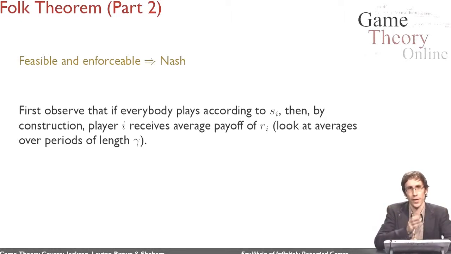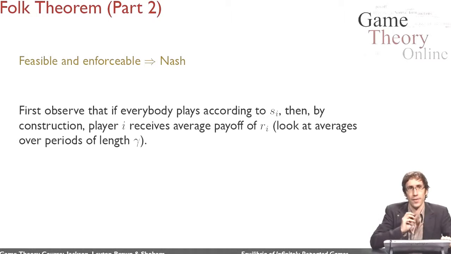If you look at averages over periods of length gamma, what happens after gamma, after 2 gamma, after 3 gamma, you can convince yourself that they really do get the right payoffs, because after every period of length gamma they get exactly the payoff Ri by construction. So indeed, this does lead to the payoff that we're trying to get.